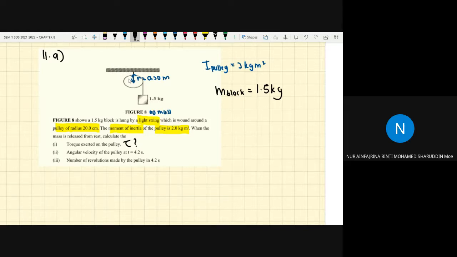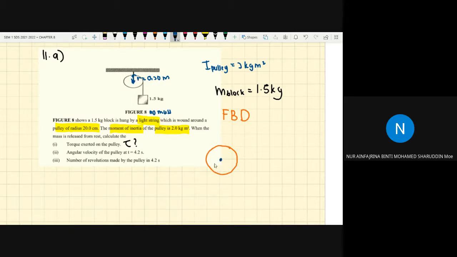Okay guys, tengok Miss buat apa. The first step for this one, Miss akan lukis free body diagram for both pulley dan juga block. Miss lukis dulu untuk pulley. So, this is your pulley. Dekat pulley ni, dekat sini adalah pivot point. Pivot point is always here, dekat tengah tu lah kan.